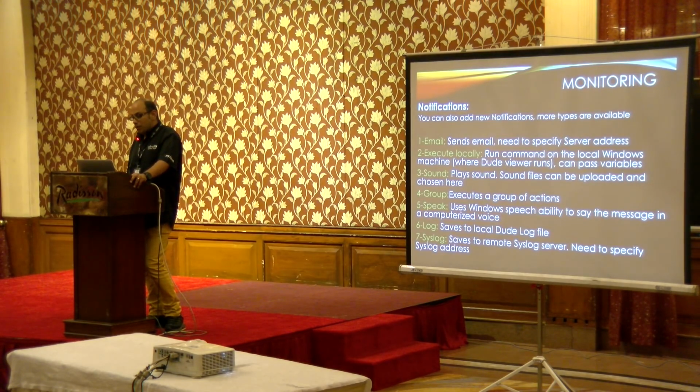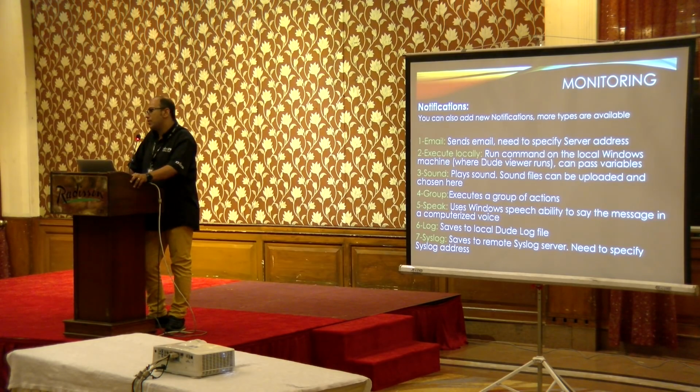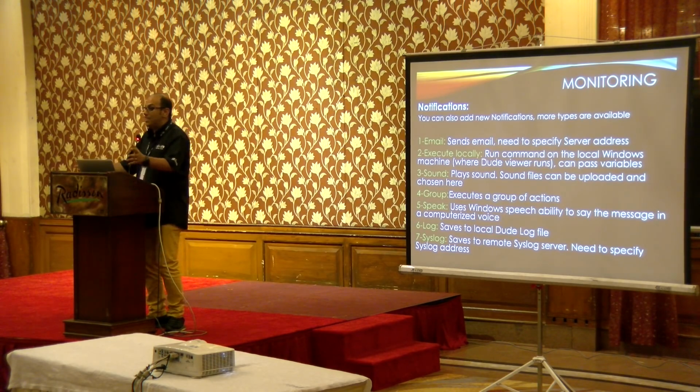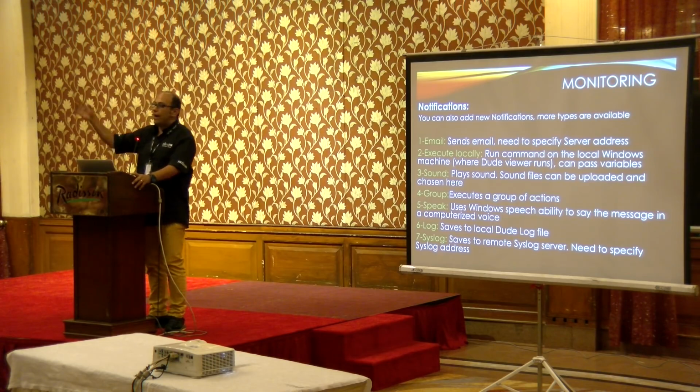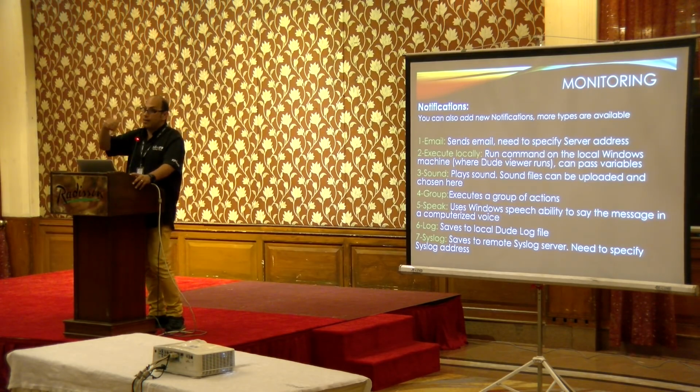Also, there are different methods for this notification. For example, you can receive them by email or by text messages, but by default you need to add a GSM modem because Dude itself doesn't have a GSM modem. This is another process. Your GSM modem should be able to receive information from the Dude server and send it out.